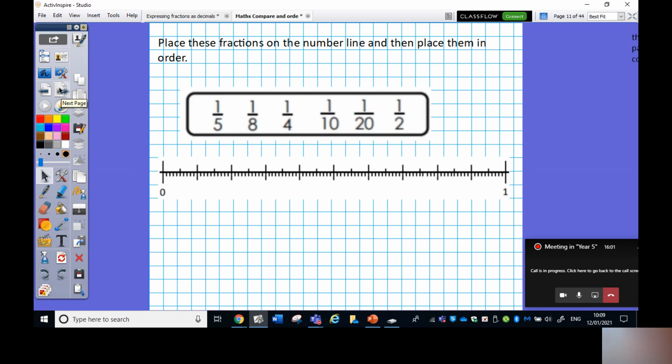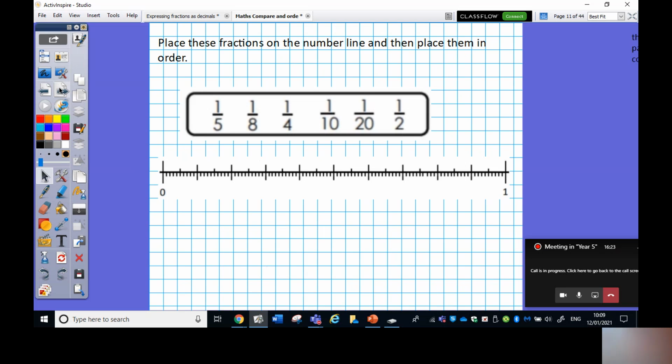Great. So we're going to place these fractions on the number line, and then once we've done that, we're going to put them in order. I'd like you to think about any patterns or connections that you notice. You might want to convert some of the fractions to help you count.